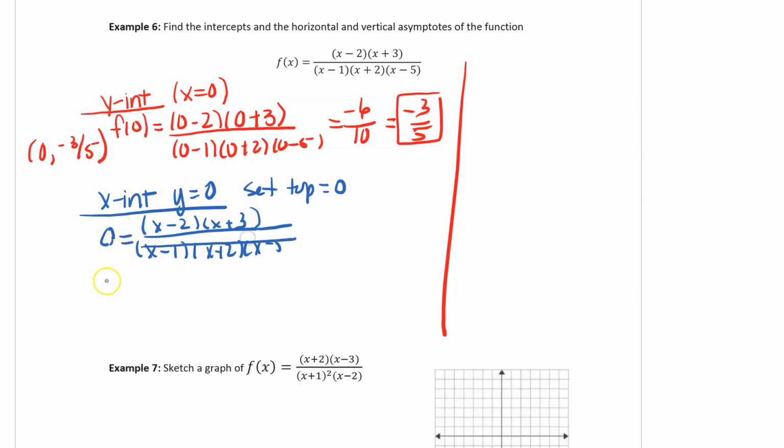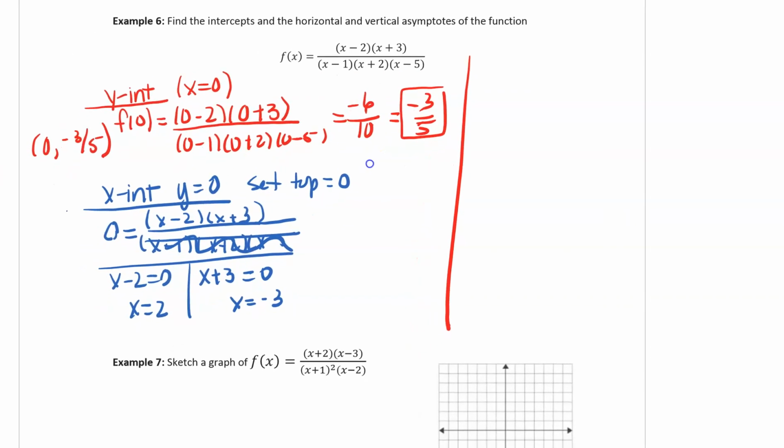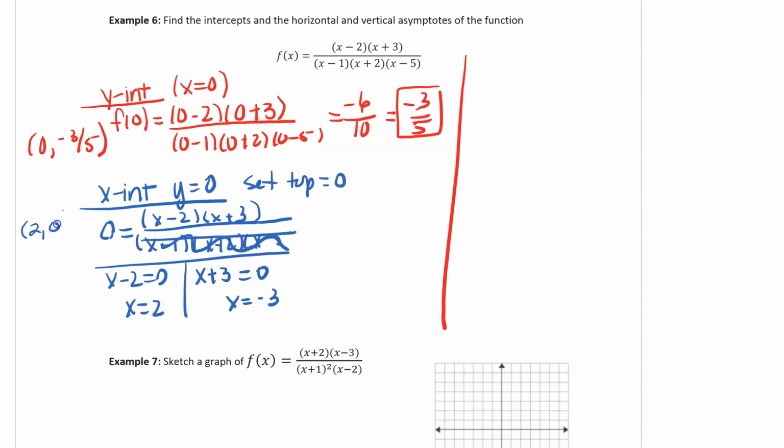So I'm just going to look at the top. If I have that equal to 0, that means x minus 2 could be 0, so x is 2, or x plus 3 could be 0, so x is equal to negative 3. And so now I have my x-intercepts. My x-intercepts would be at 2, 0, and negative 3, 0.